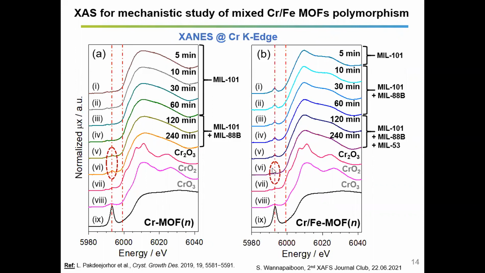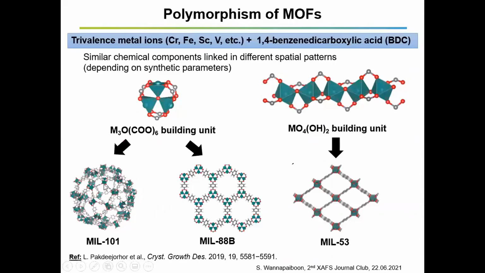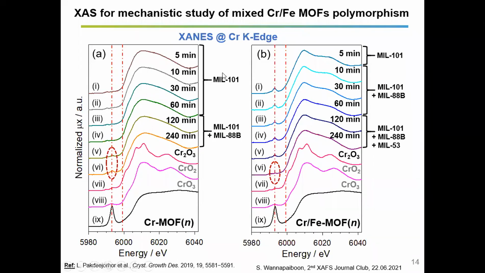And also, comparing with the formation of the phase by XRD, we can see that in the case of chromium MOF, it is mostly the MIL-101 structure, the cage-like structure like this, which is basically the kinetic product, having the mu3O cluster inside the structure in most cases, except the cases with prolonged reaction times of 120 and 240 minutes. These can form another phase, MIL-88B, showing the deviation of these metal clusters and the tiny pre-edge peak.